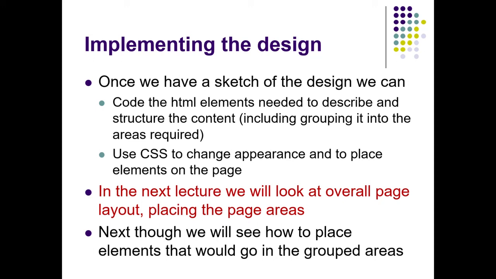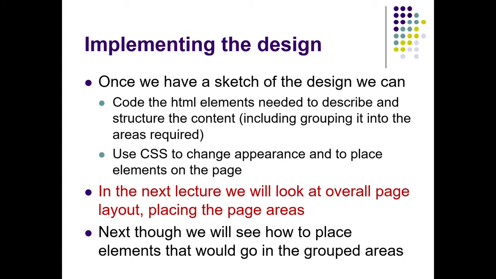In the next lecture, we'll look at what we refer to as overall page design, which is where to move those grouped areas to, whether to the right, to the top, to the side, etc. But this week we'll focus on just how we're going to place things inside of those grouping areas. For example, how we're going to move the images and text around inside, say, the header, the footer, or the main area, and how you're going to style your lists and things.